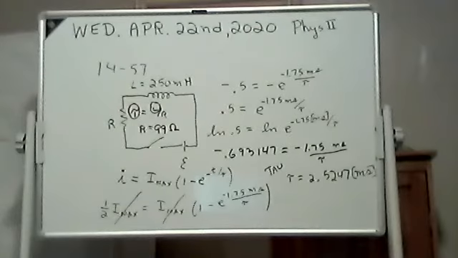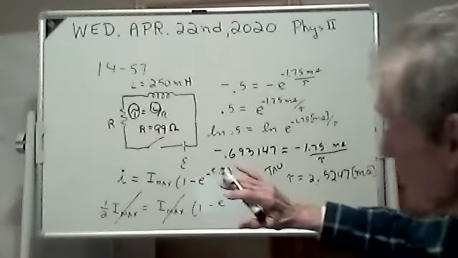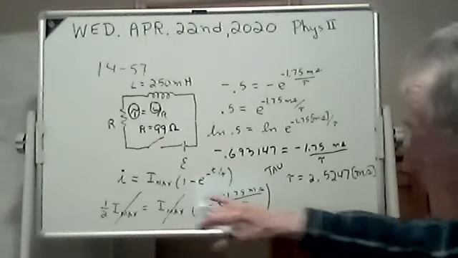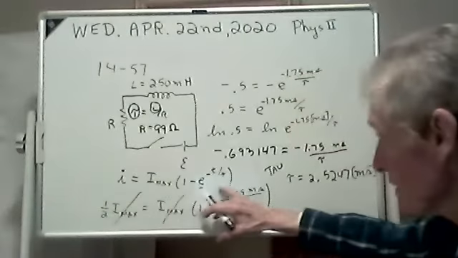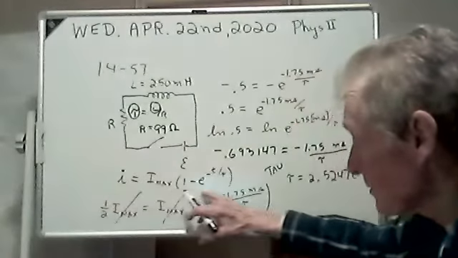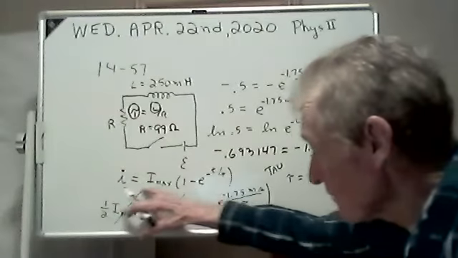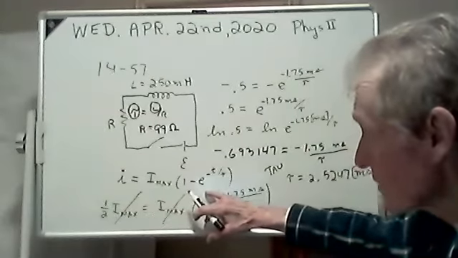Quick question, because I wasn't here when you guys started. Why was it 0.5? Where did you get the 0.5 from? Oh, thank you for asking. They said that this is the equation. I don't know if I derived that for you or just told you about it last time, but that's the equation.